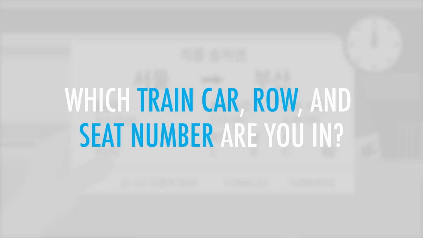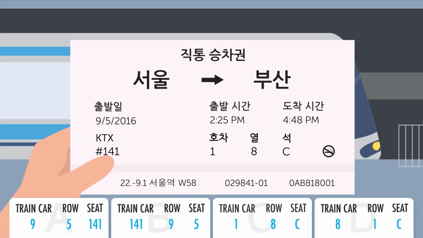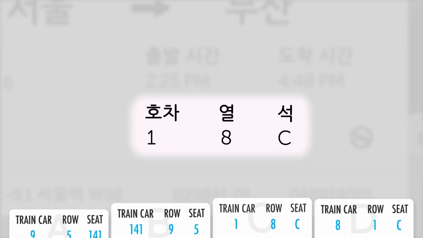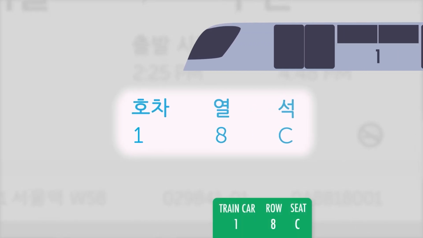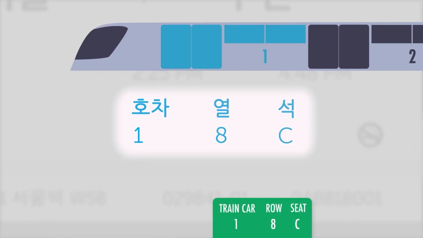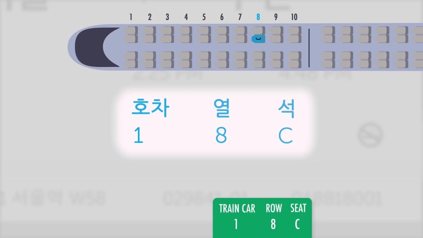Which train car, row, and seat number are you in? The ticket says that you're in train car number 1 in seat 8C. 1호차 8시석.